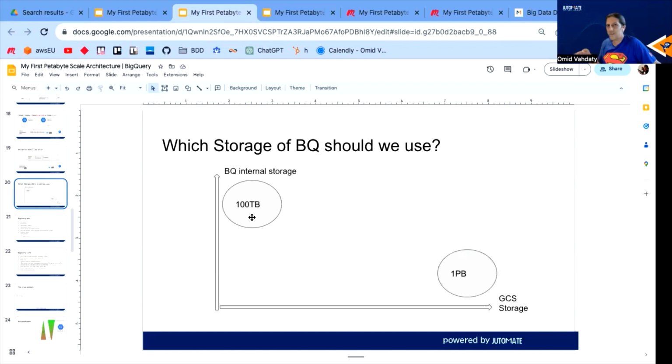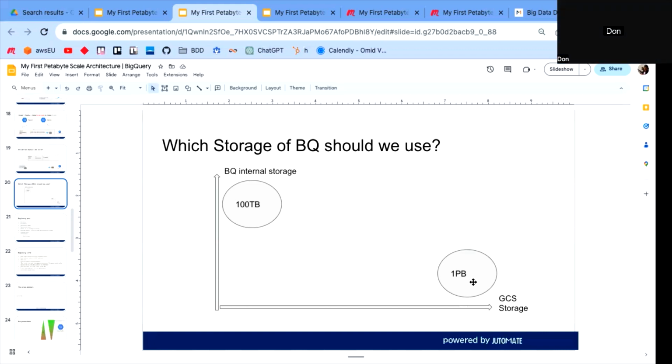You just use BigQuery internal. When you go over 100 terabytes, you want to do some optimization, probably use some other technologies, probably do your own type of optimizations, like a lifecycle policy on the data, for example, deleting old files. So it kind of makes sense when you have control over the data.